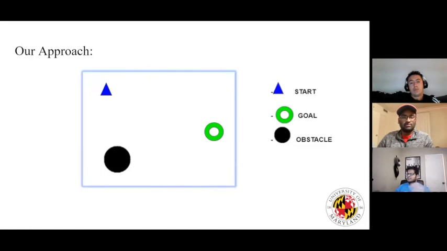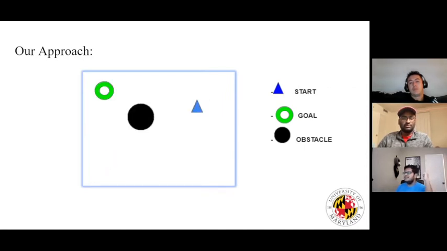So our approach was, as Prannoy explained what these mean, start, goal, and obstacle. Our approach was to randomly place the start position, goal position, and the obstacle position. So we moved them randomly here and there, and then planned some path using the RRT and A star algorithms.